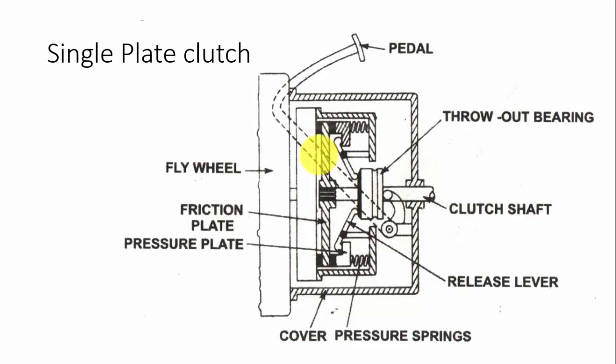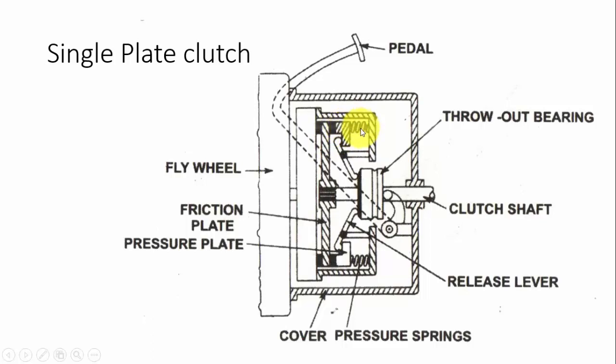So whenever the transmission is not needed, the pedal is pressed. This is a common operation which is carried out in most automobiles. Here we can see the main components, the flywheel. From this flywheel the power is transmitted to the system. The black colored region is the friction pad or the clutch liner, and here you can see a friction plate, here you can see the pressure plate, and this is the spring.